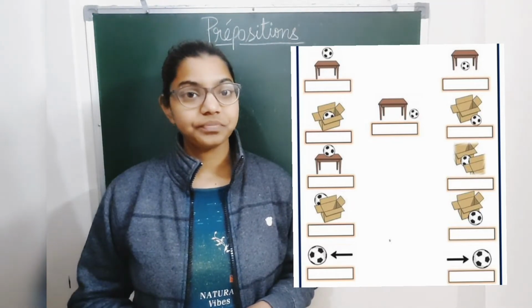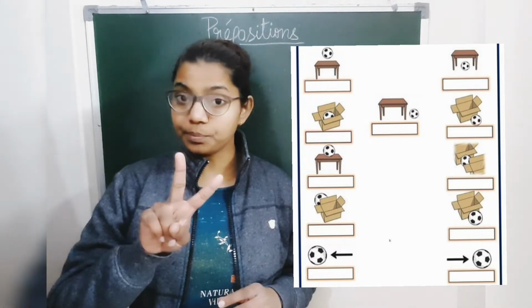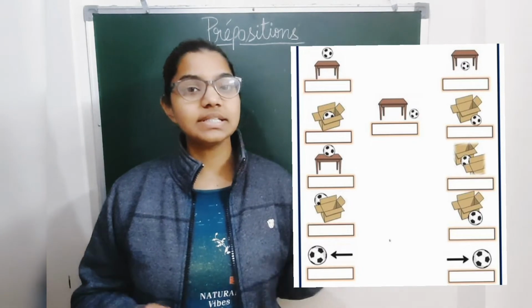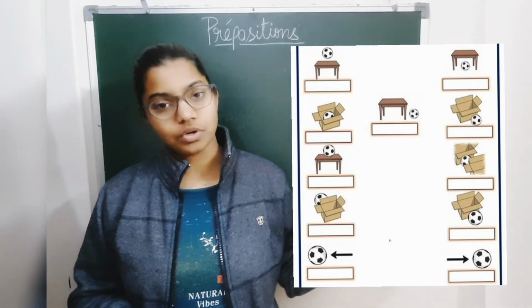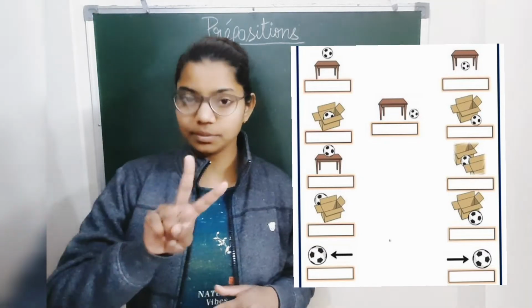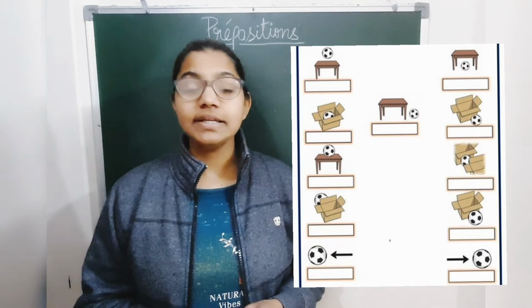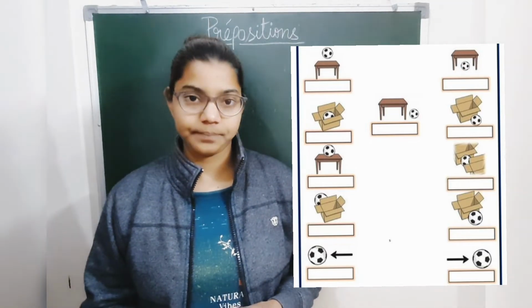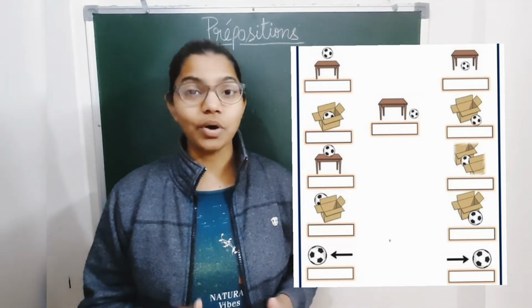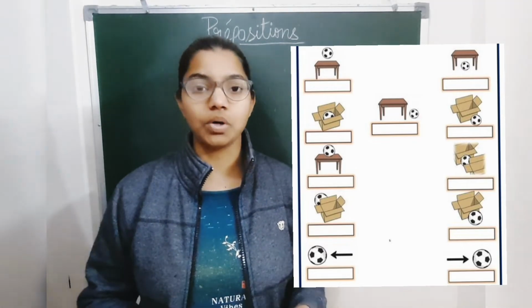Next is la balle est entre deux boîtes. The ball is between the 2 boxes. Next is la balle est devant la boîte. Devant means in front of the box.